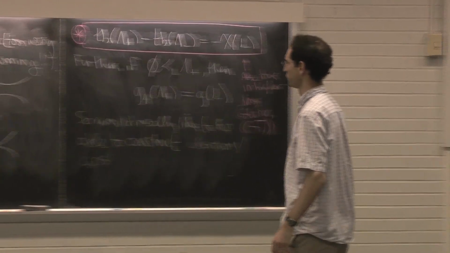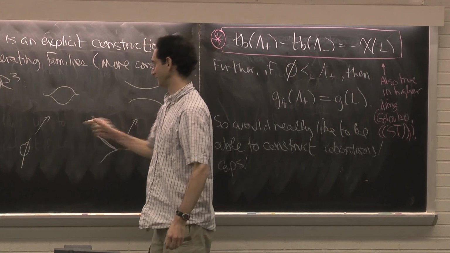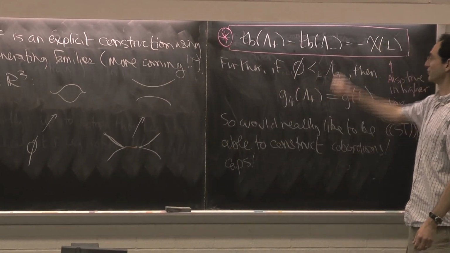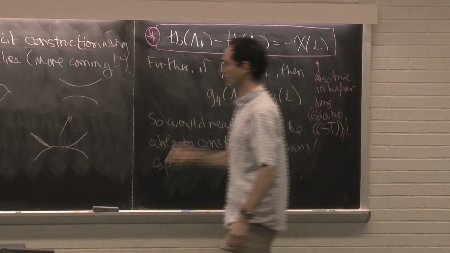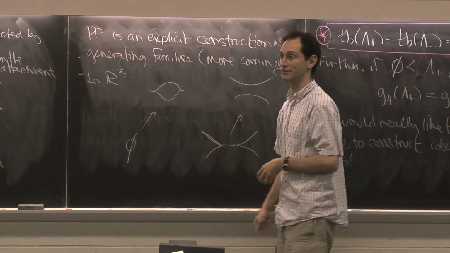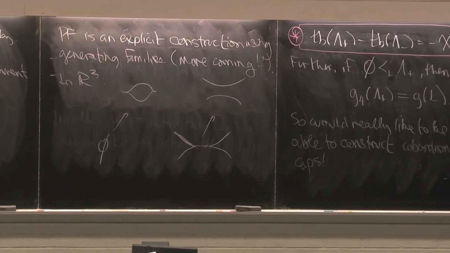By the way, in the spirit of this non-reversibility, let me remark, you cannot flip these upside down. If you're bored, you can check that they would violate this equality. So you can see the directionality just in the constructions already. Okay.